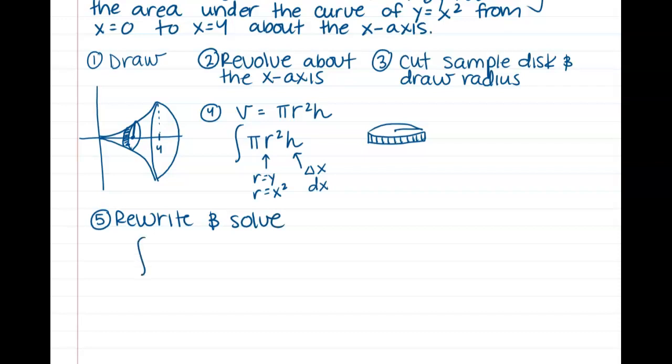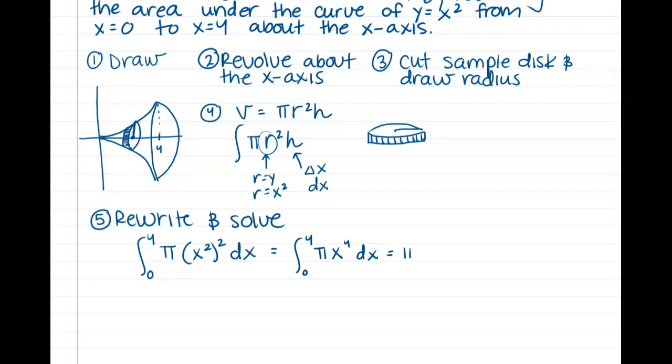So our integral goes from 0 to 4, because we're told. Pi, and now r is actually x squared, so we have pi times x squared squared times h, which is dx. We can solve this. 0 to 4 pi x squared squared is x to the 4th dx.